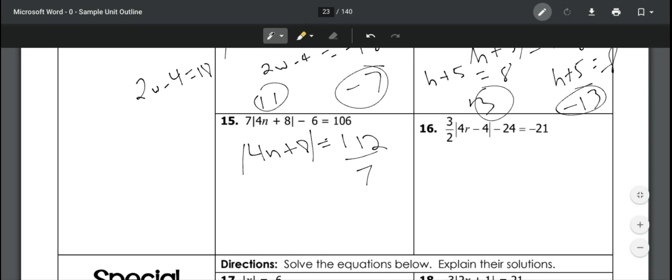And that gives me 16. And then the absolute value is isolated. So I know that I'm going to do 4n plus 8 equals 16 and 4n plus 8 equals negative 16. And my answer should be 2 and negative 6.